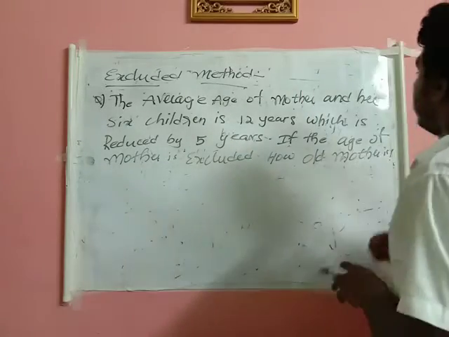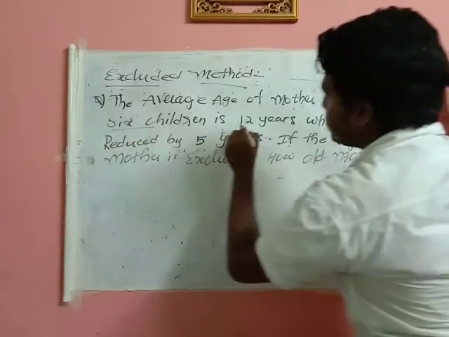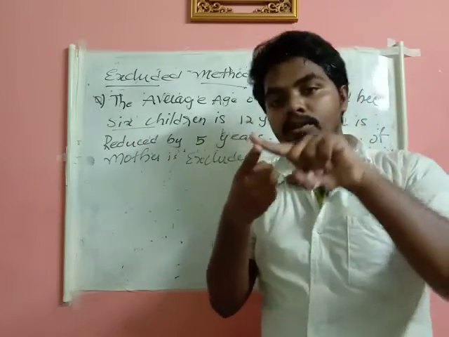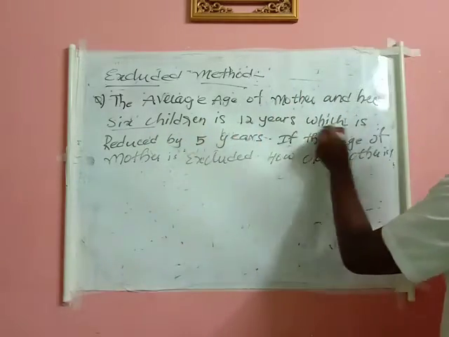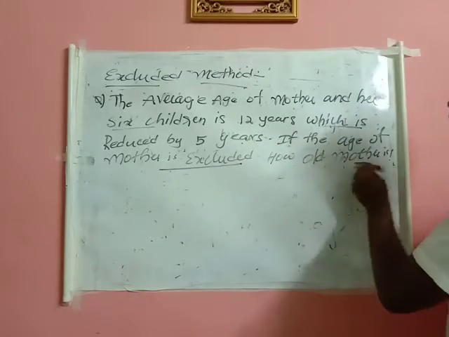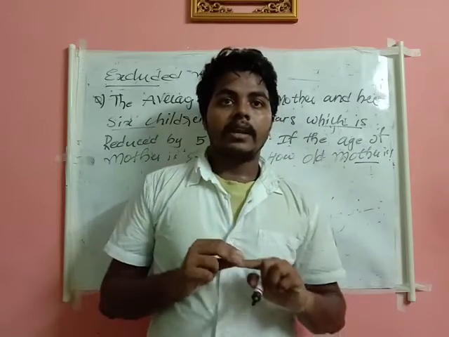Now see, the average age of a mother and her six children is 12 years. Means, adding those six children and including the mother, the average age is 12 years, which is reduced by 5 years if the age of the mother is excluded. How old is the mother? Let's see.